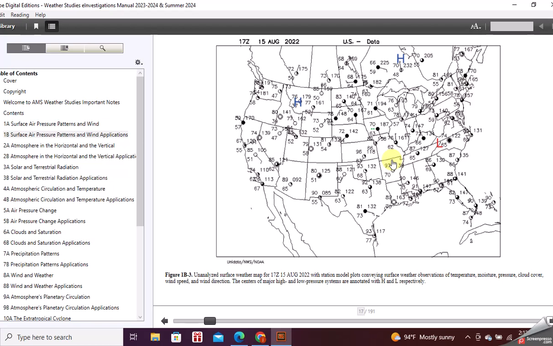Now, key thing for this course: 99% of the time, if you see a number here that is between 500 and 999, that is going to have a 9 in front of it.